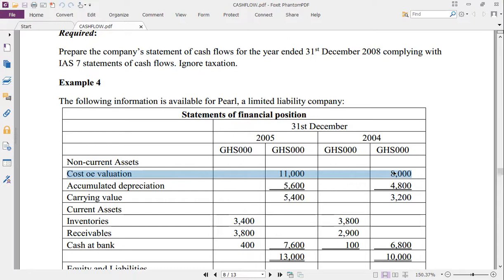So we should check, 2005 is the closing balance, right? And 2004 becomes the opening balance. Good. So here we have to check the years, how they have arranged it. Does this one have credit or debit?